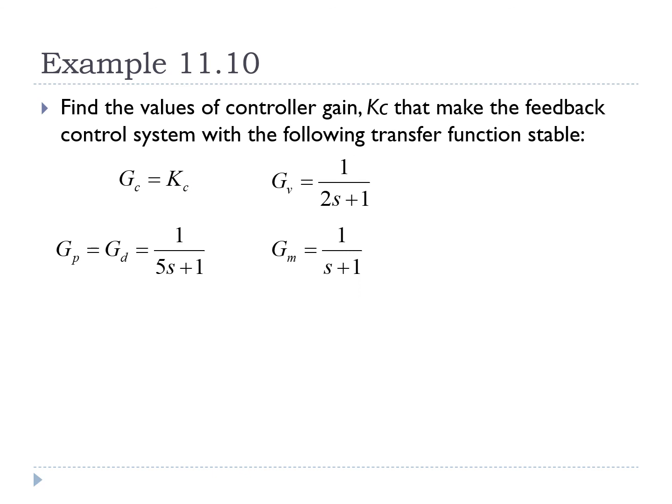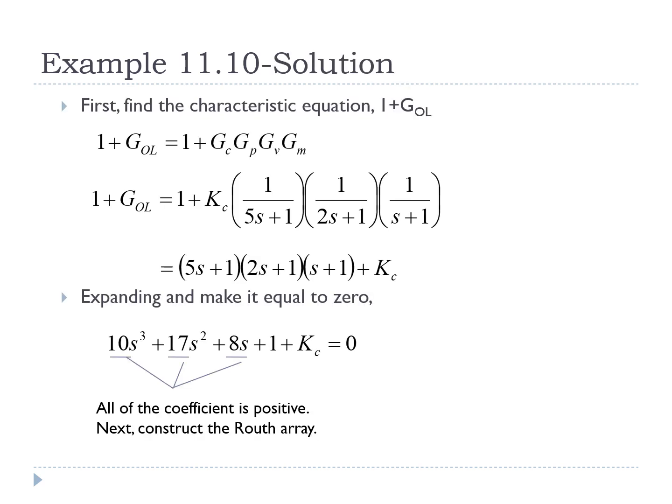In this example, you have all the transfer functions for the controller, control valve, transmitter, process, as well as the disturbance. Now you need to find the value of Kc that makes the feedback system stable. First you need to substitute all the transfer functions to get the characteristic equation of 1 plus GOL.